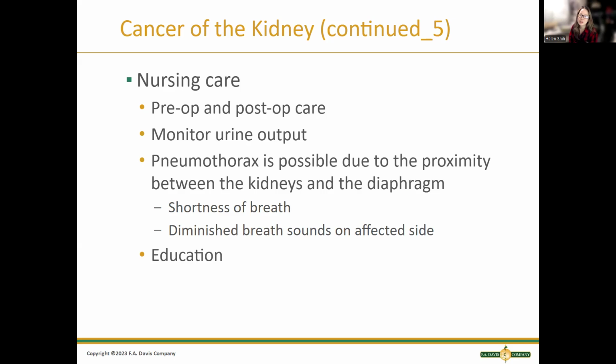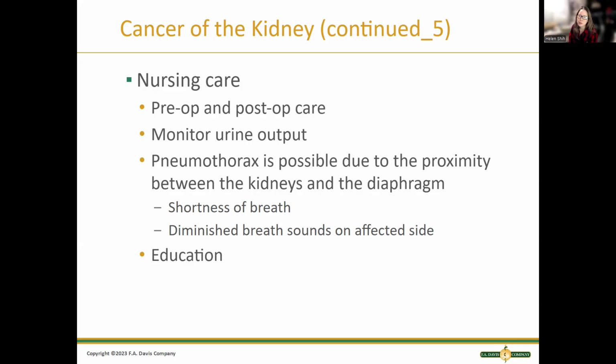Pneumothorax is a condition in which there's air between the tissue of the lungs and the walls of the chest cavity, or the chest wall. This is possible because of the kidney's proximity to the diaphragm.